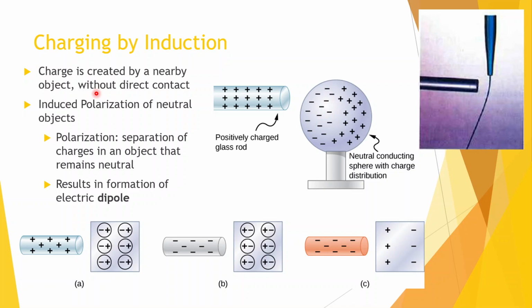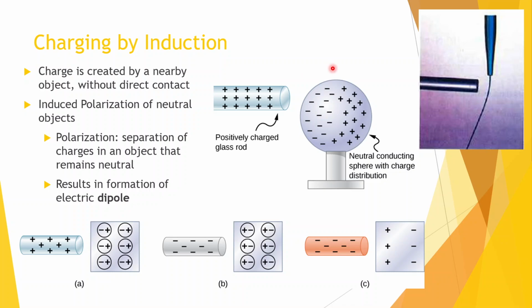Now, we can also have induced polarization of neutral objects. So polarization is the separation of charges in an object that still remains neutral, which this would actually be one exactly. And this results in a formation of an electric dipole. Dipole meaning two poles. Makes sense, right?